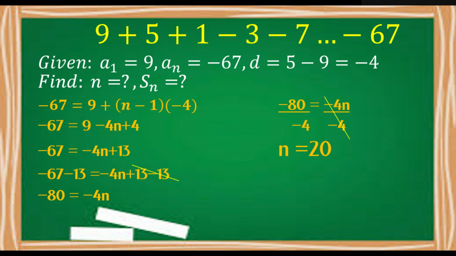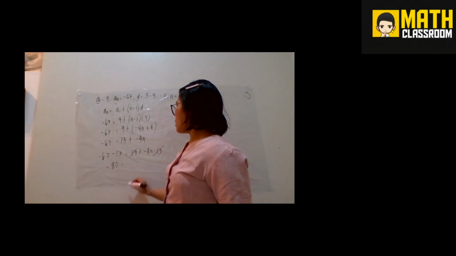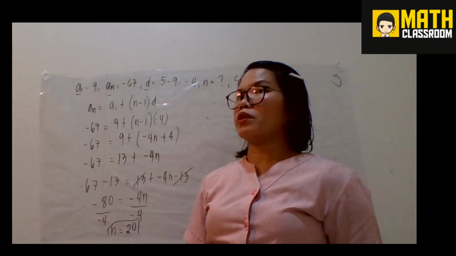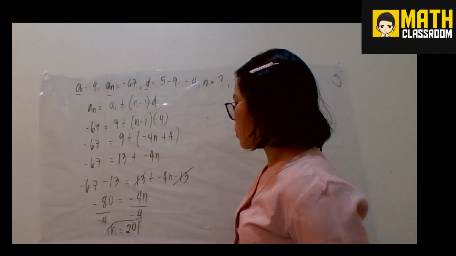So we could have it as negative 67 minus 13 is equal now to 13 plus negative 4n minus 13. Cancel this one. We could have it as negative 80 is equal now to negative 4n, the value of our n, which is the number of terms.